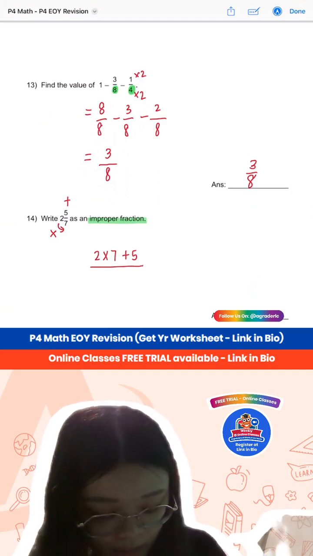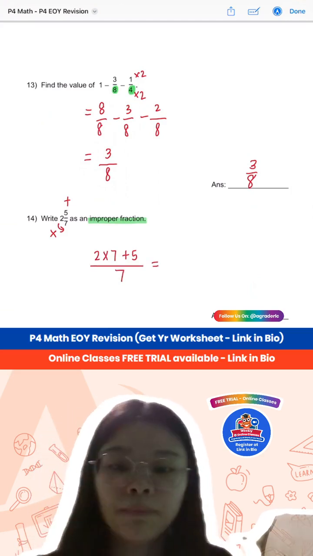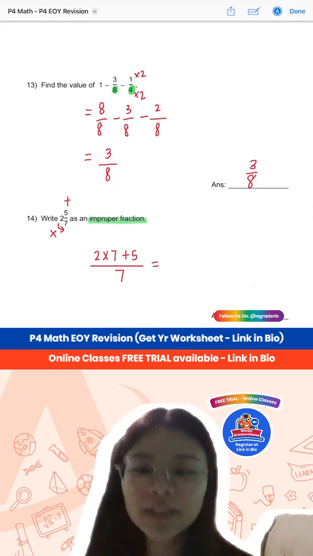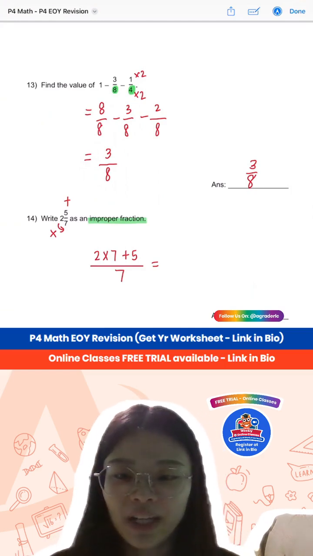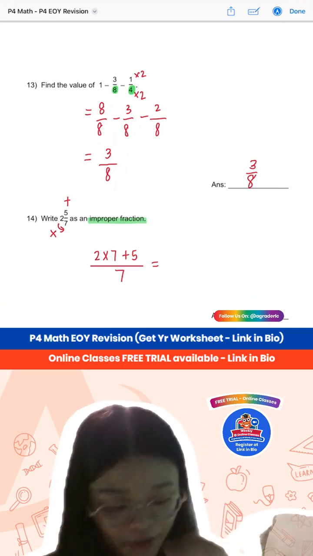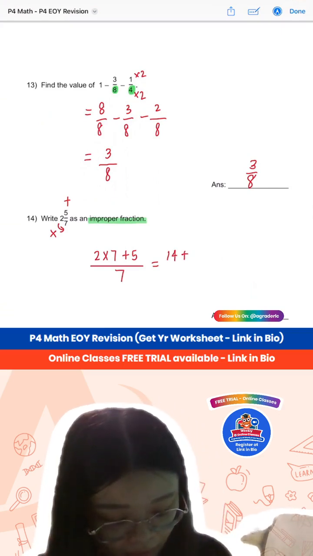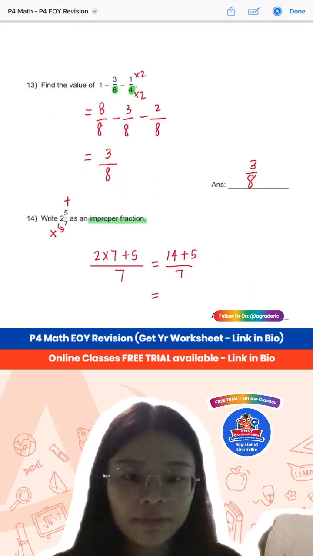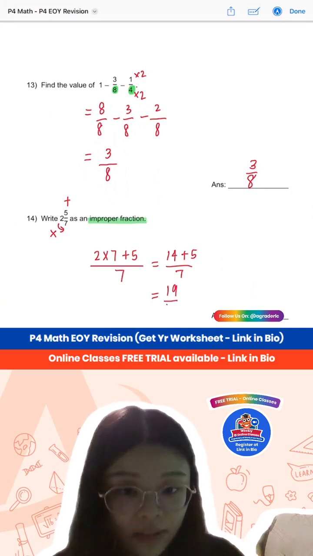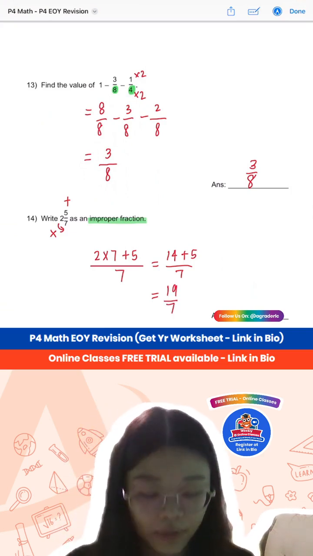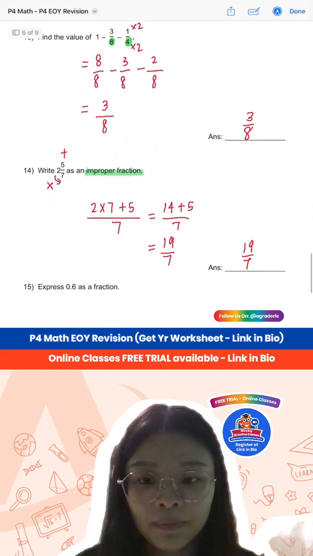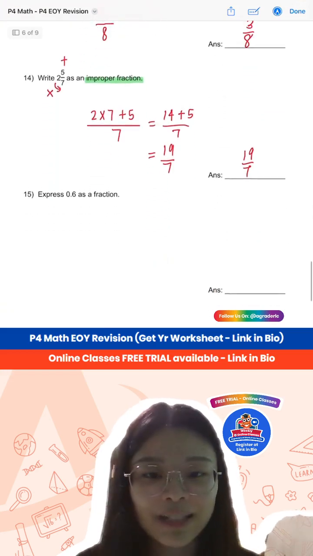The denominator stays the same, so it is still 7. Yes, Ninja. Thank you, Eden Evie. 14 plus 5 over 7, and 14 plus 5 is 19. So that's how all of you got your 19/7. I'm going to write my 19/7 in the answer. Now you can see the next question.